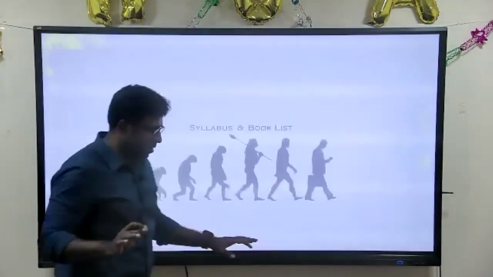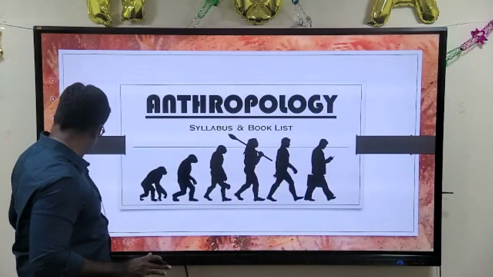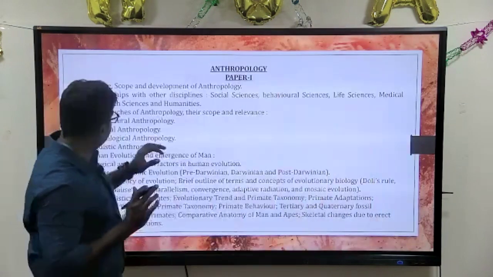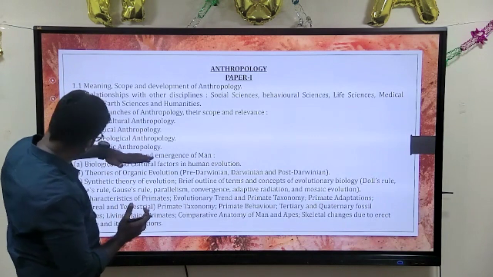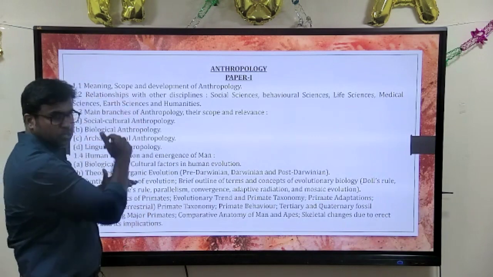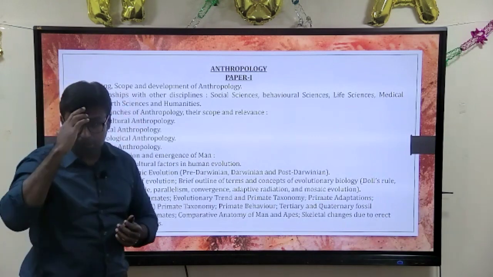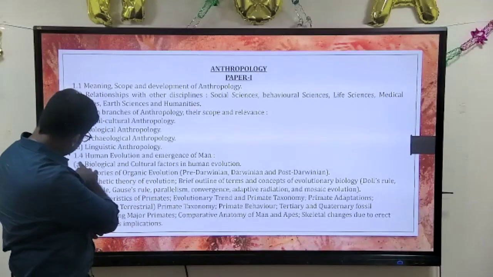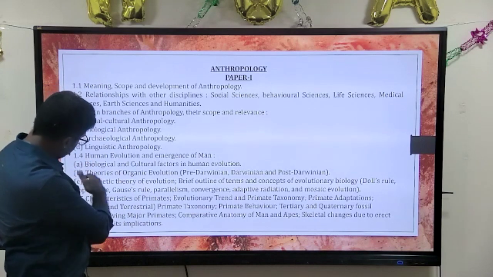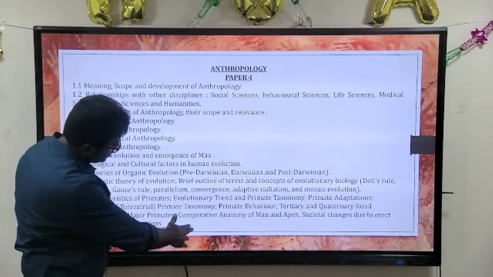In the first paper, you start from here. This is about the disciplines in anthropology, and once you go through the syllabus, you'll understand. You have to start from 1.4, and from here it starts.